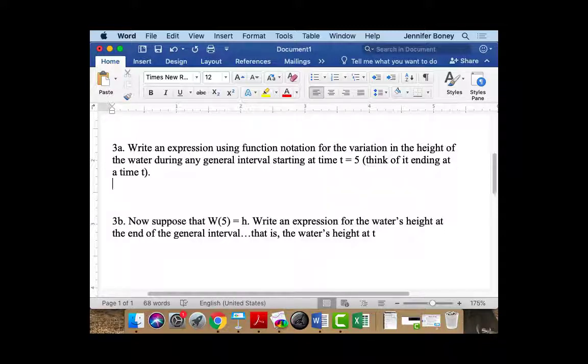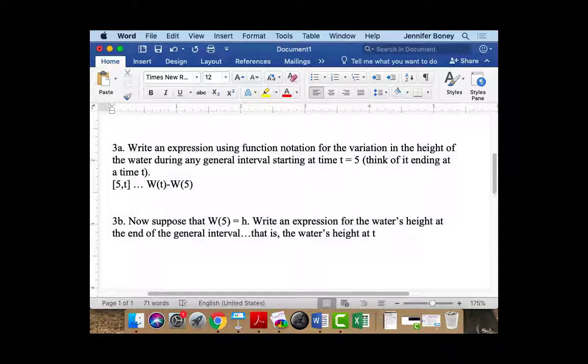Between time 5, the beginning, and time t, or over the interval 5 through t, I can think of W of, oops, it was capital W, y final minus y initial. And I can do it that way.